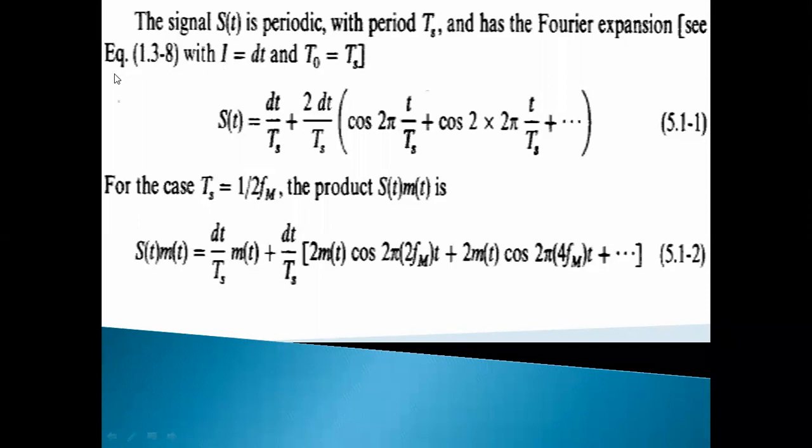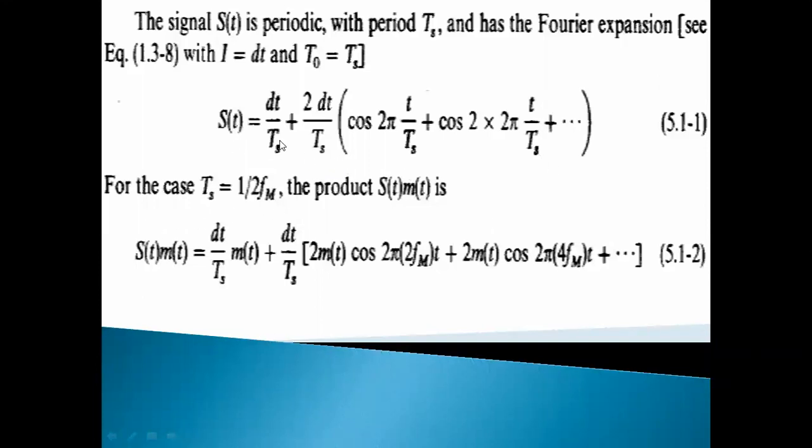The Fourier series expression of this S of t signal is dt by Ts, where dt is the width of the pulse, plus 2 dt by Ts into cos 2 pi t by Ts, plus cos 2 into 2 pi t by Ts, plus cos 4 into 2 pi t by Ts, and so on.